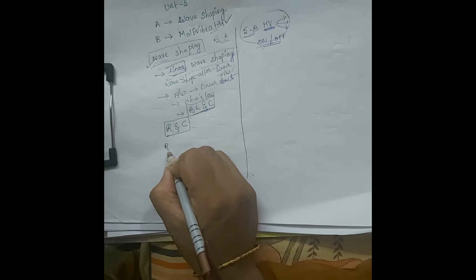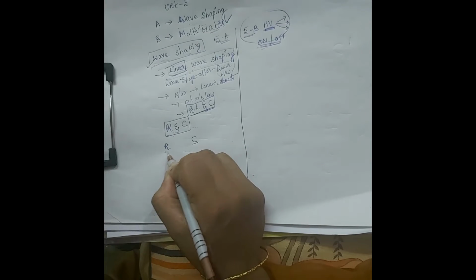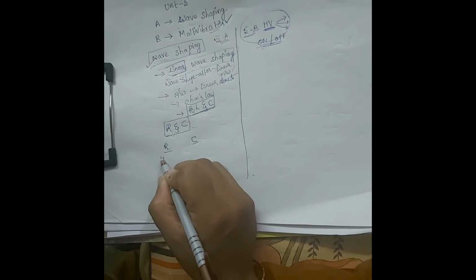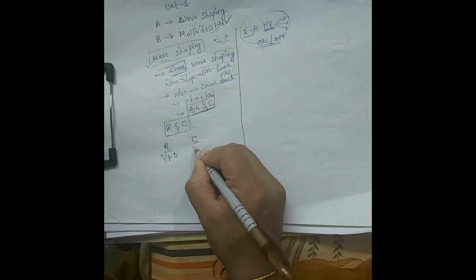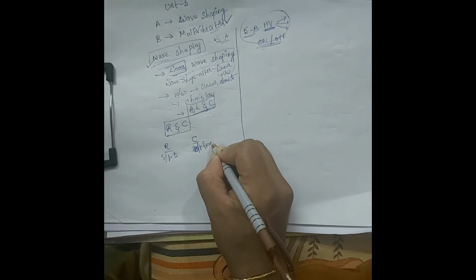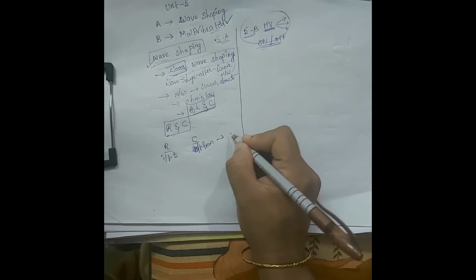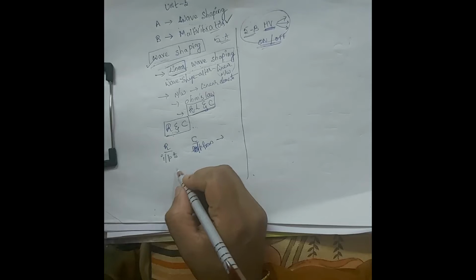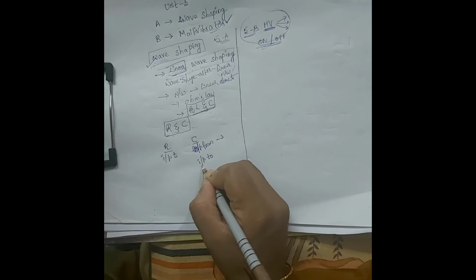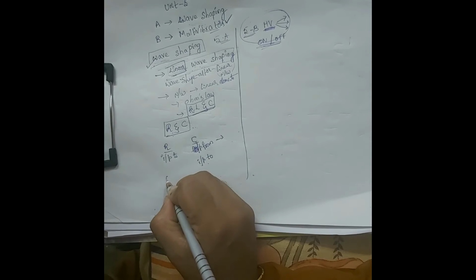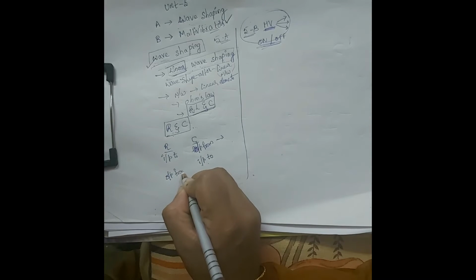One combination is by giving input to resistor and output from capacitor. This forms one RC circuit, and like this, another is input to capacitor and output from resistor.